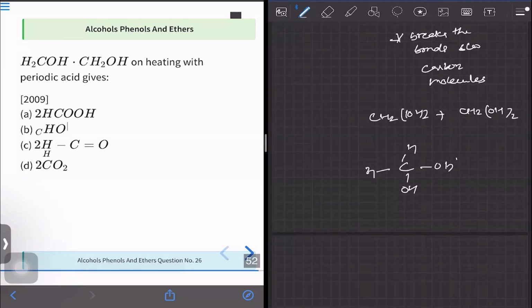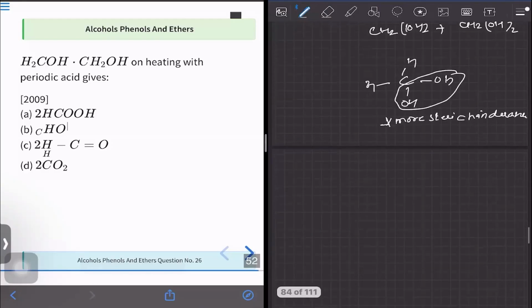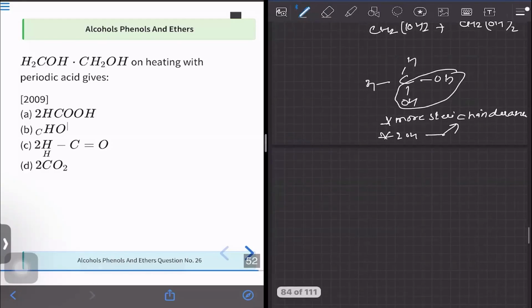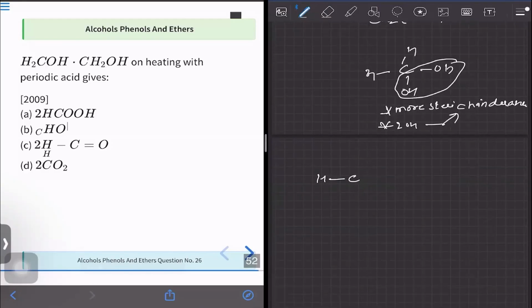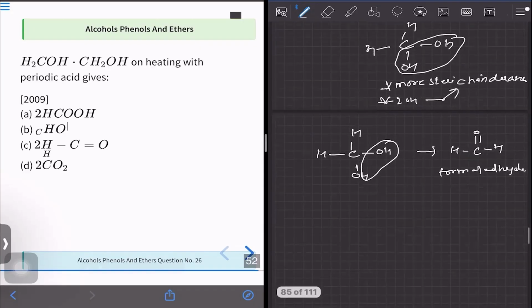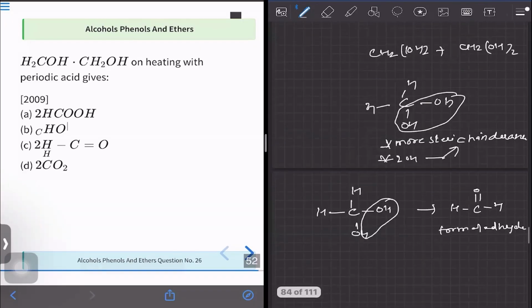Two OH groups on the same carbon produce more steric hindrance. So what does it cause? On release of water, it produces H-C=O-H. It produces formaldehyde. So it has two CH2 groups, and so it produces two formaldehyde.